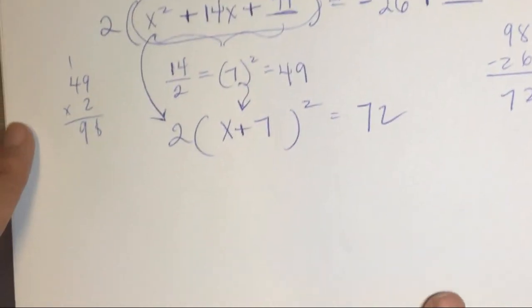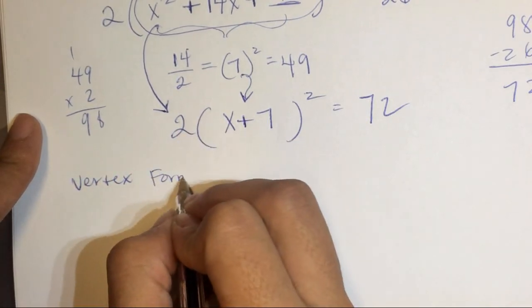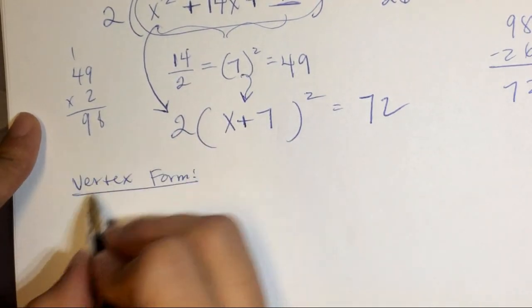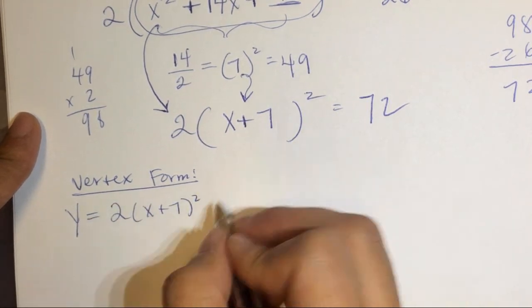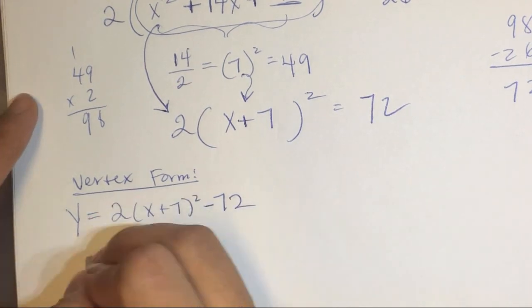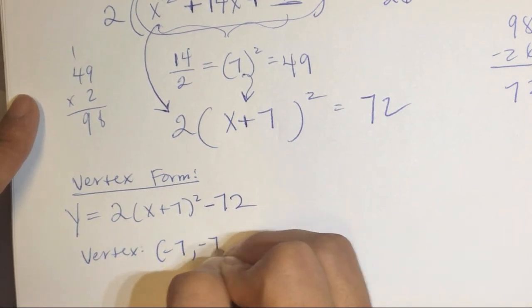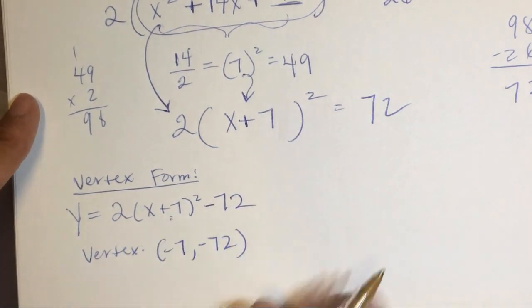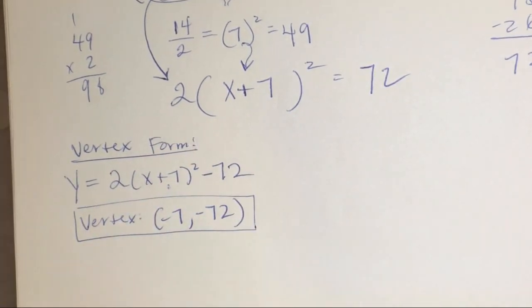So now I can write this in vertex form. My answer is y equals 2 times x plus 7 squared minus 72. This is my vertical stretch. So my vertex is going to be negative 7, negative 72, because it's opposite, because we're in horizontal land. That's my vertex.